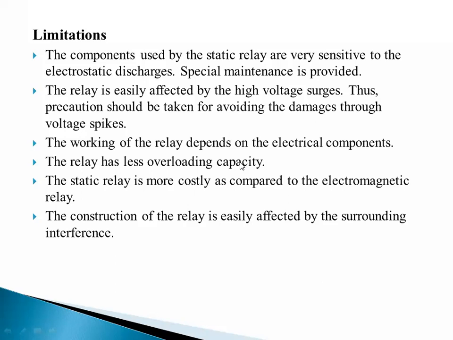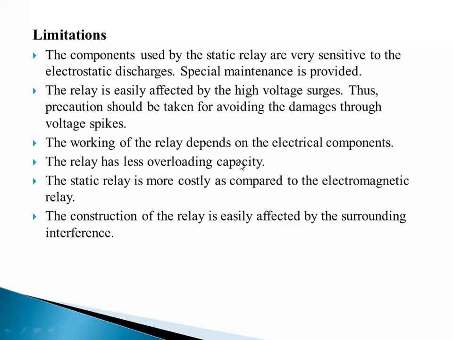When you are using the current transformer, that current transformer decreases the current to 5 ampere only, means its primary current is more, but the secondary winding current is very low, up to 5 ampere. And when you are using the potential transformer, it is also connected to the transmission line or distribution line.